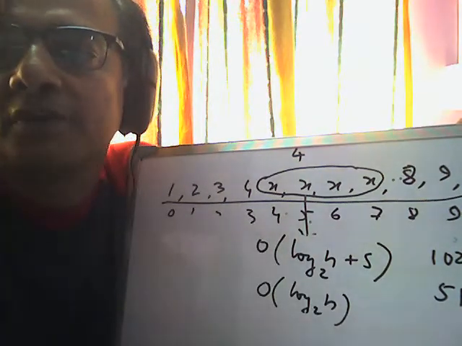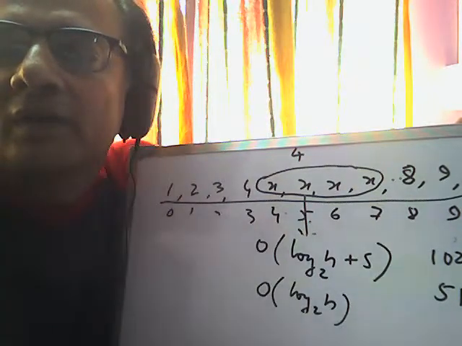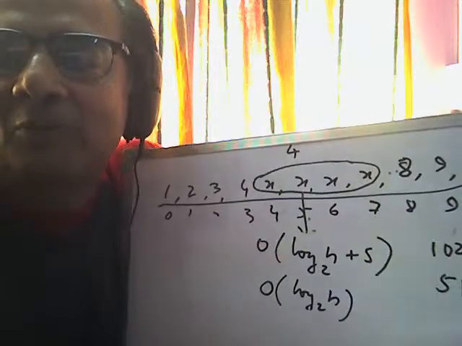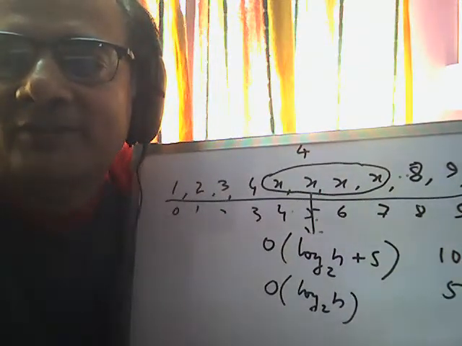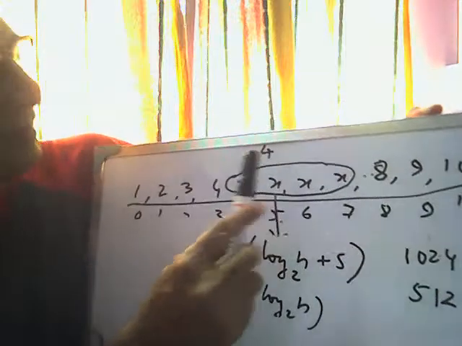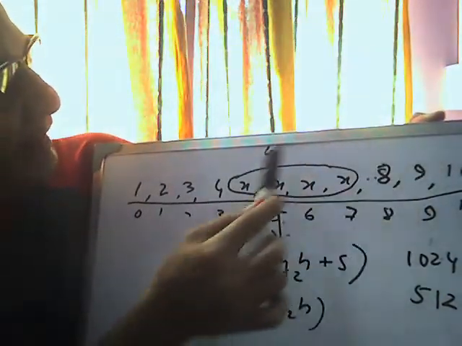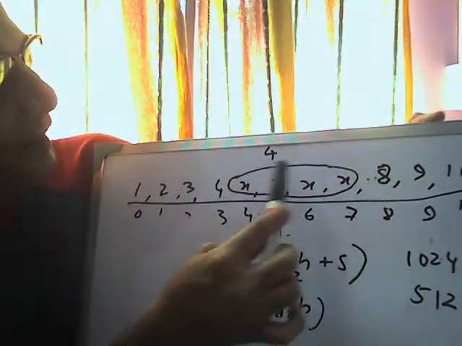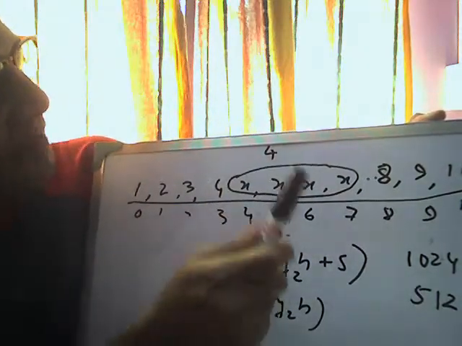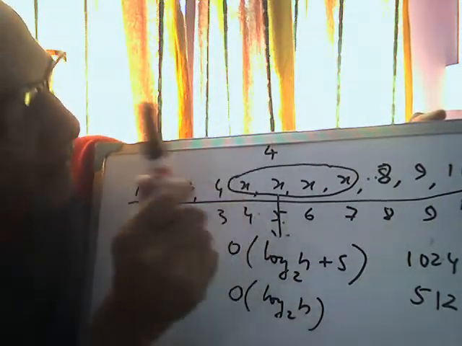Sohini Chatterjee asks: how can we get the number of x from left count and right count plus 1? Acha, you see this here. Suppose this is the sorted array and x is the duplicate element. The number of occurrences here is 4. Now, what is the algorithm? First, you have to search x with the help of binary search.